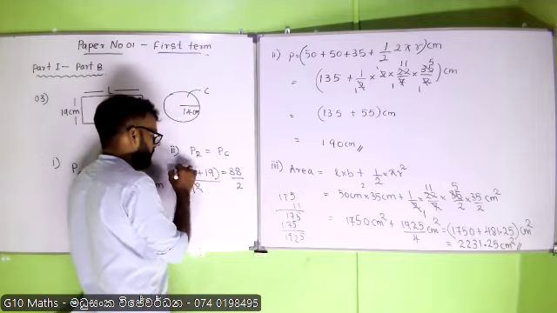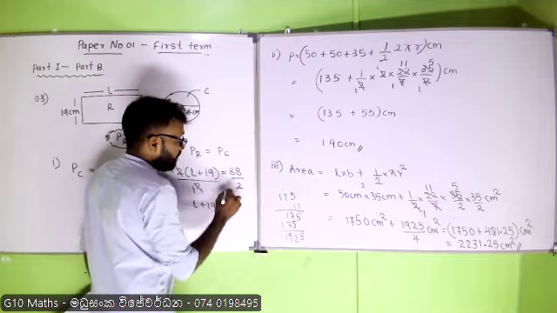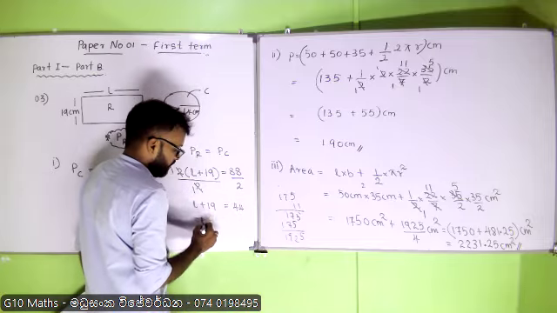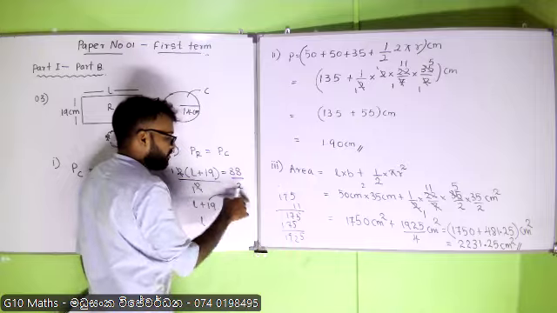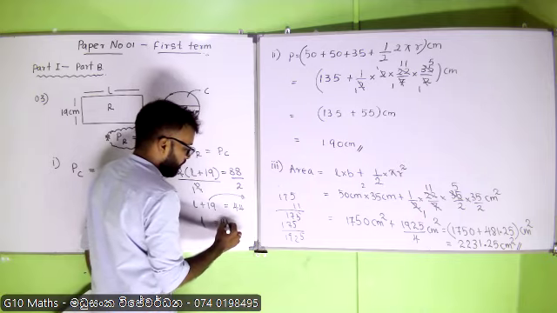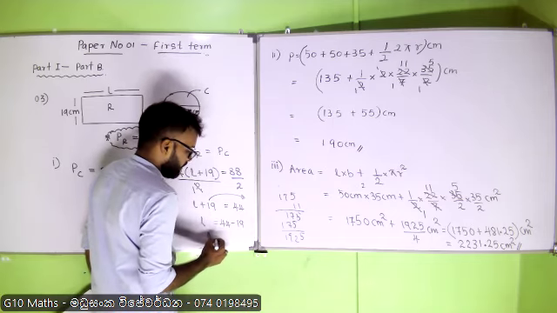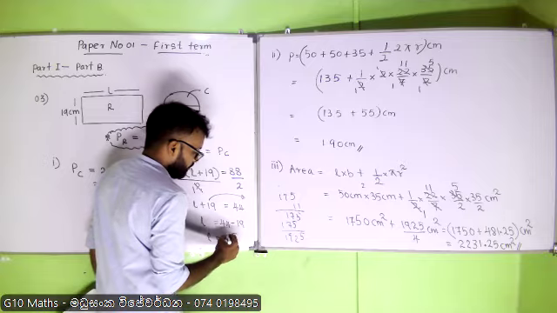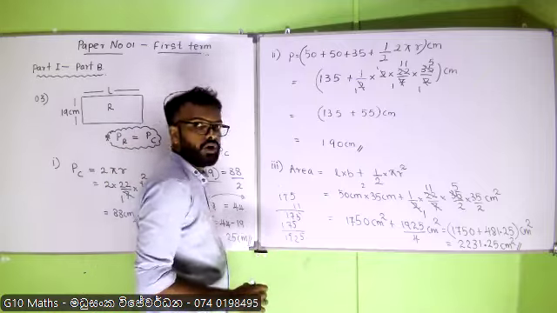L plus 19, here 88 divided by 2 is 44. So take this 19 to this side. This is positive 19, when it goes to the other side it becomes negative 19. 44 minus 19. So the length of the rectangle is 25 centimeters. Put the centimeters at the end of your answer.